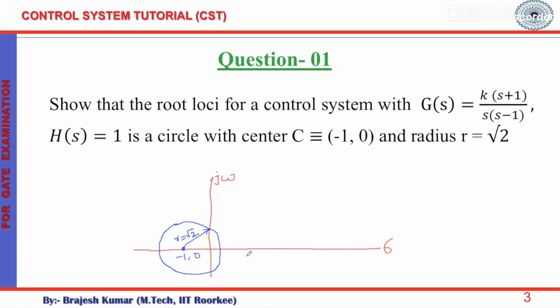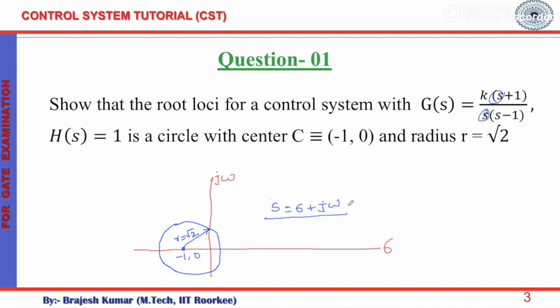How will you approach this question? Well, S is a point in the complex plane, that is, the sigma and j omega plane. So the value of S will be sigma plus j omega.